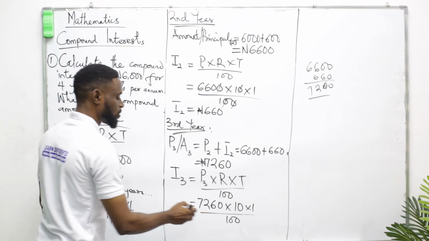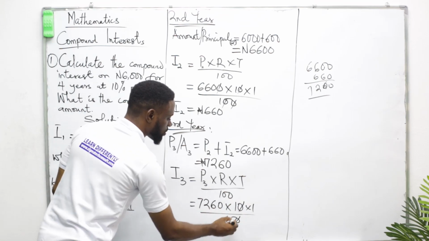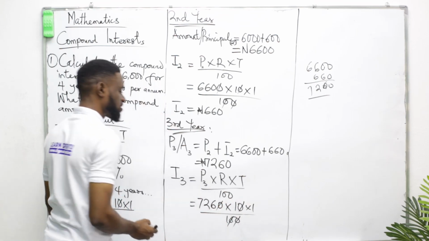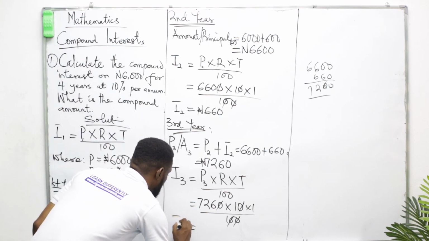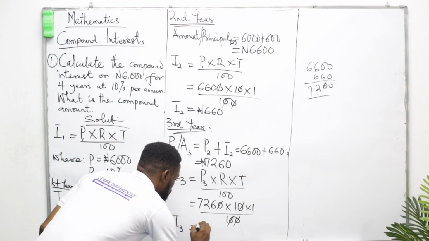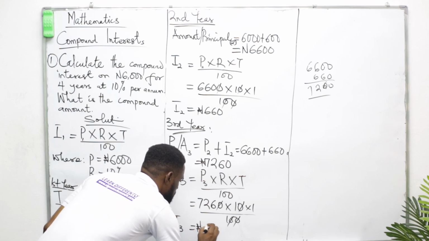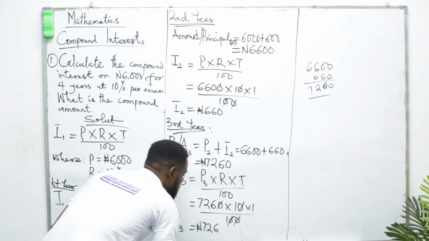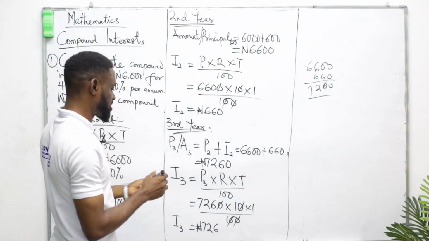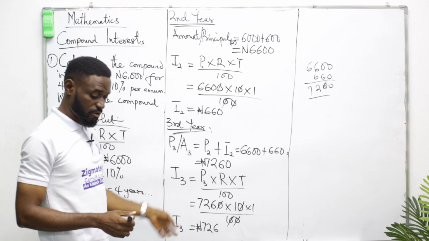We remove the zeros, so we have our interest for the third year to be 726 naira.